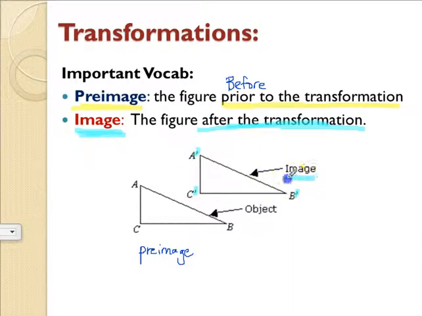That is how we write the points to let readers know that that is the image. So the image is always going to have these little primes or apostrophes next to them, and that's how we know that that's the image. We need to know which one is the image and which one is the pre-image so that we know what type of movement took place. So it's important that we know the pre-image and the image and can tell them apart.